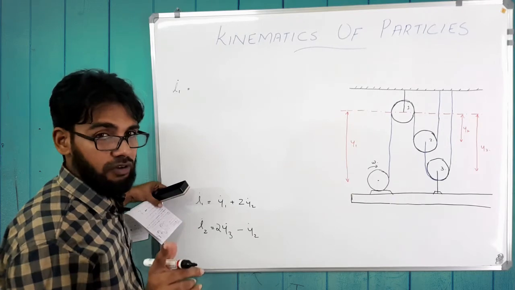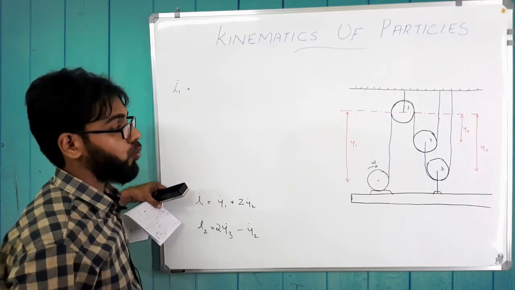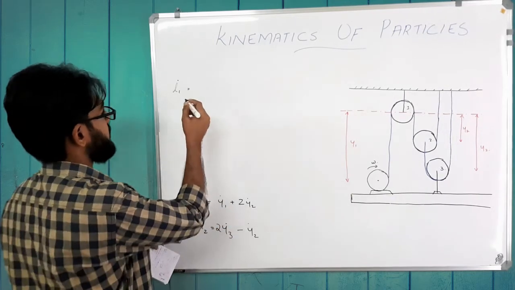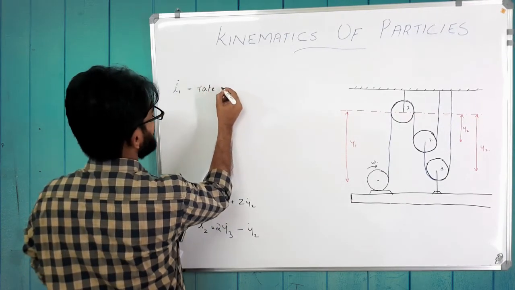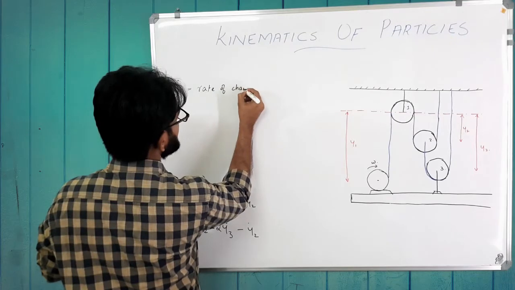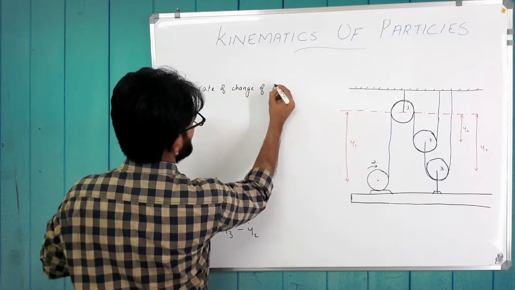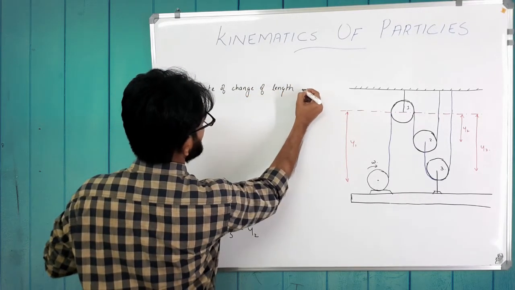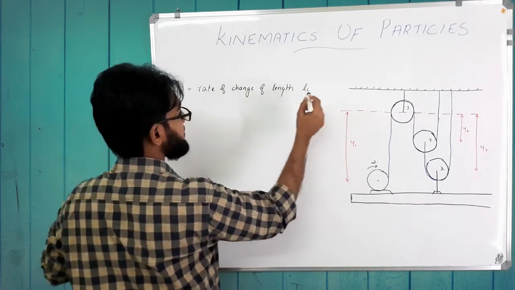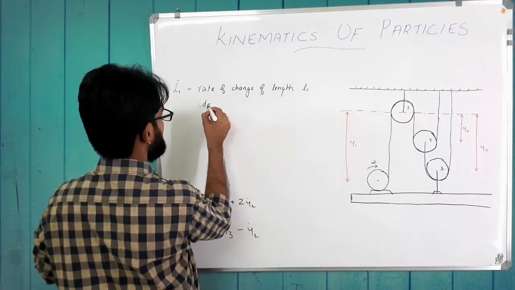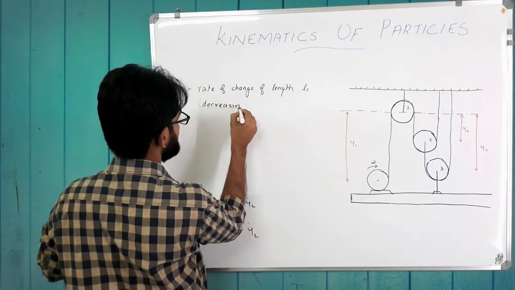So what is the value of L1 dot? It is the rate of change of length L1, which is actually decreasing here.